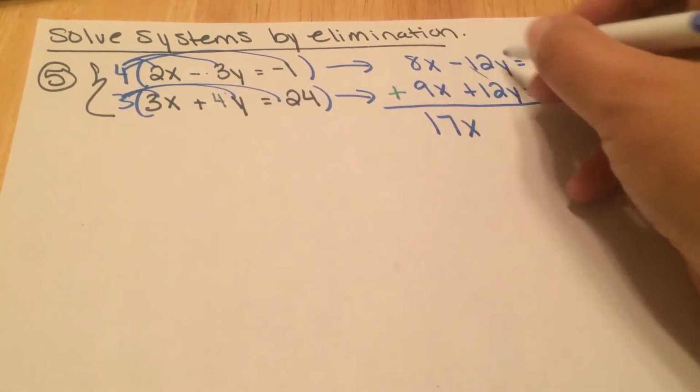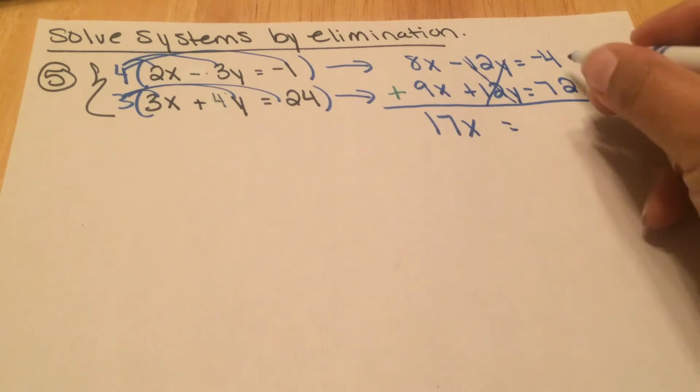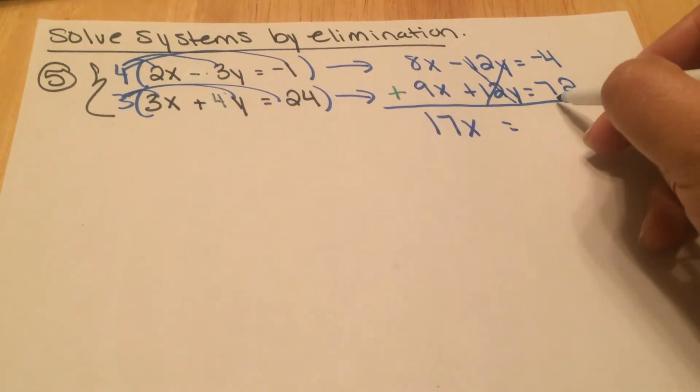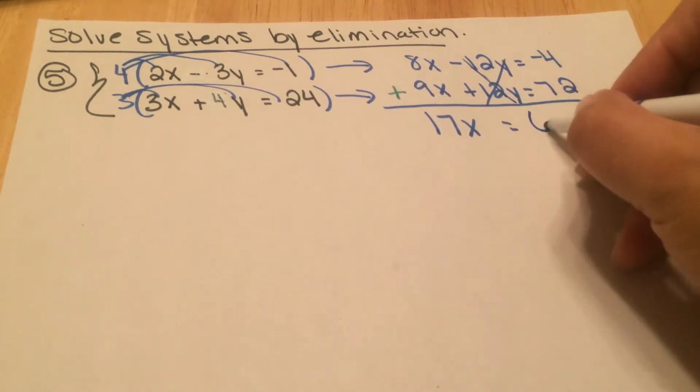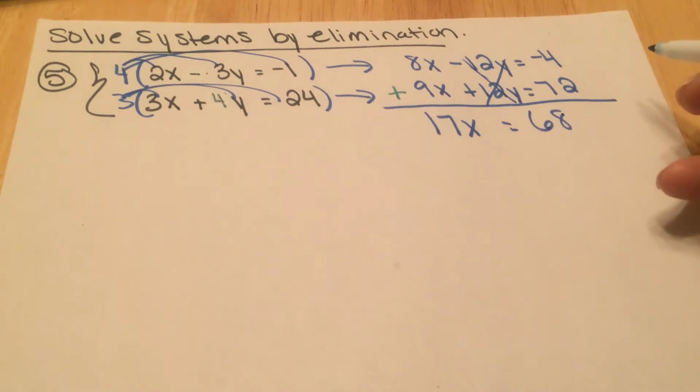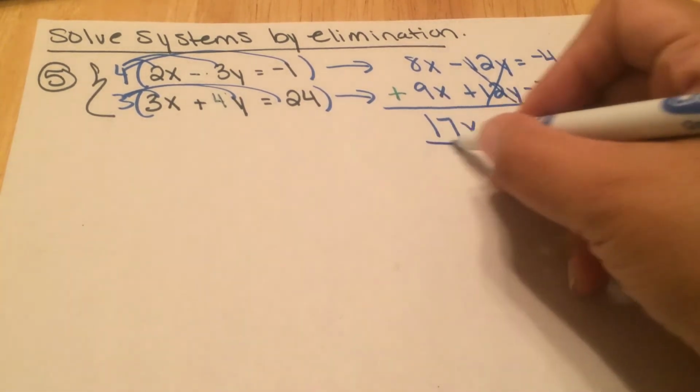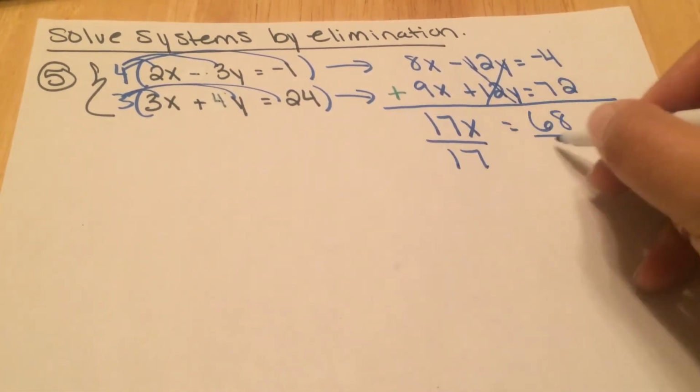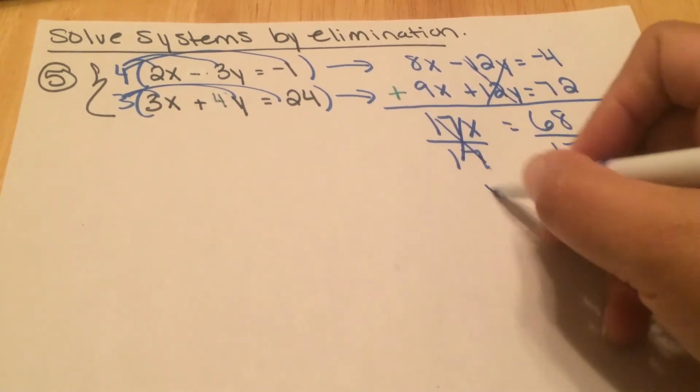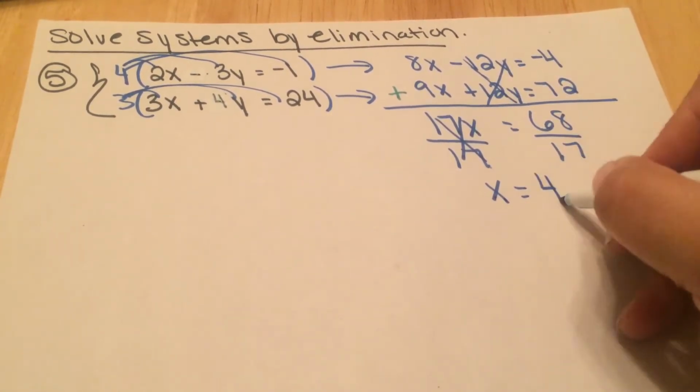My 12y's are going to cancel out, and negative 4 plus 72 is going to give us 68. I'm going to go ahead and divide both sides by 17, and we get that x is equal to 4.